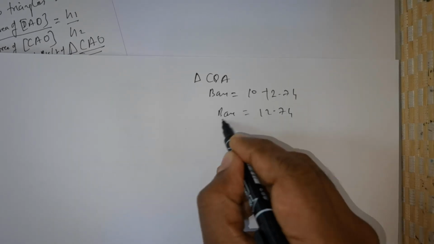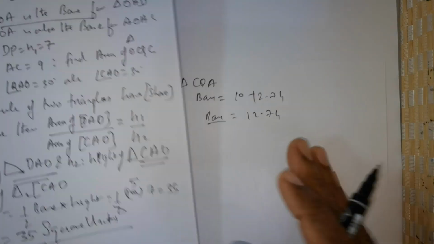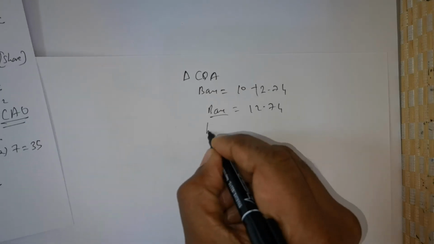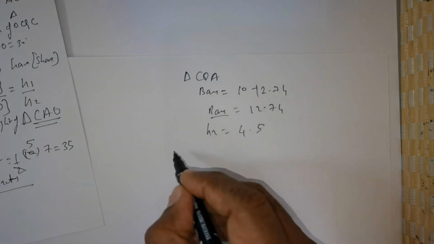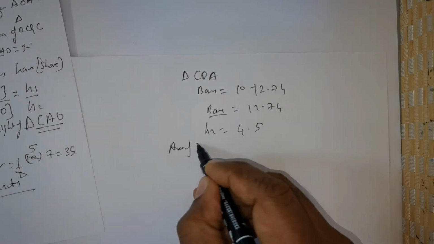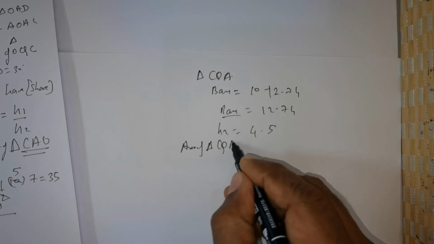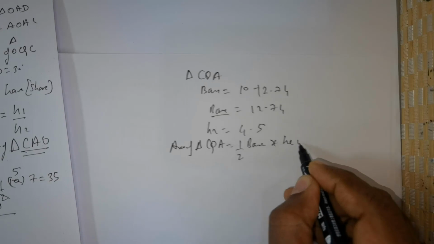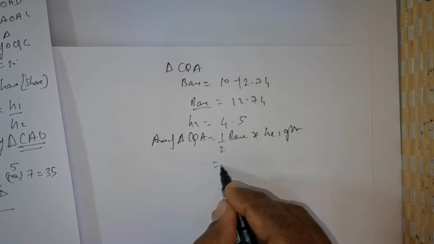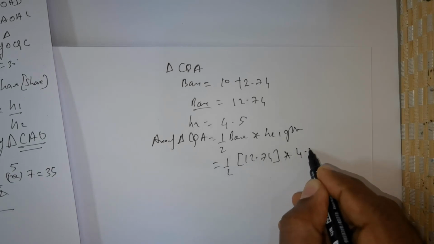This is the base, and 4.5 is the height, this H2 value. So the area of triangle CQA is equal to half times base into height, where the base is 12.74 and the height is 4.5.